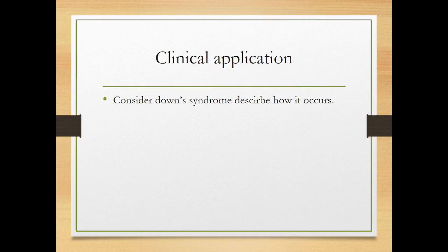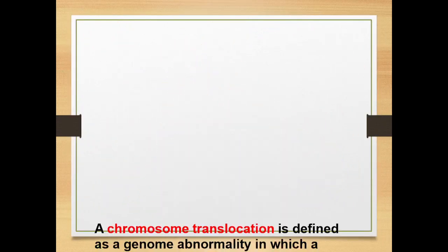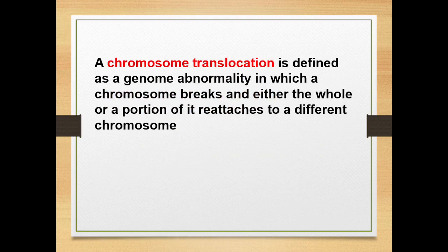When you talk of clinical application, we can talk about Down syndrome. I'll allow you to go and research how Down syndrome occurs. There is what we call a chromosome translocation, which is defined as a genome abnormality in which a chromosome breaks and either the whole or a portion of it reattaches to a different chromosome.